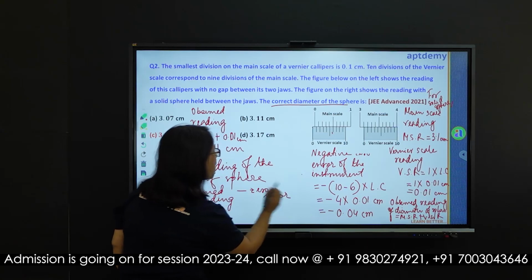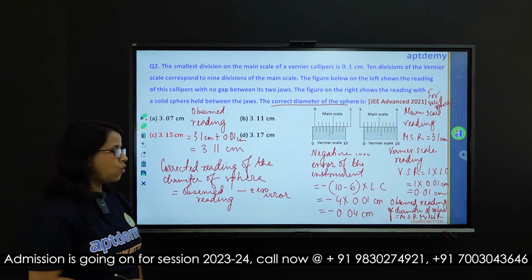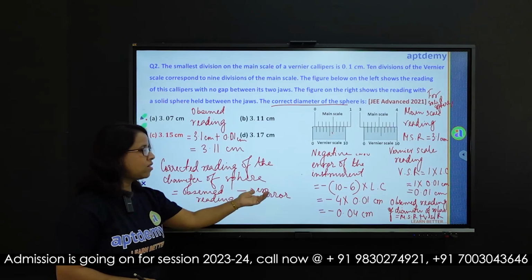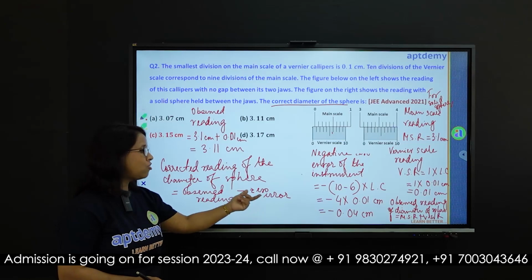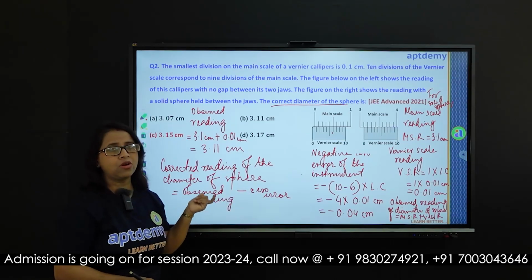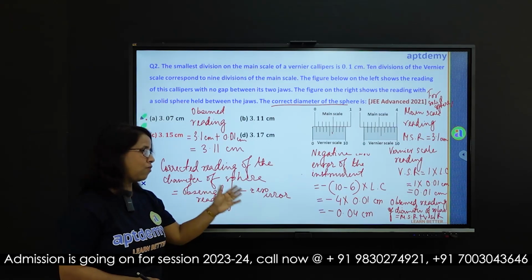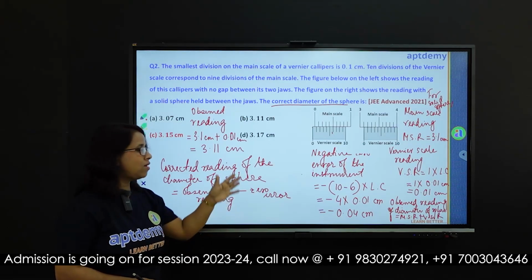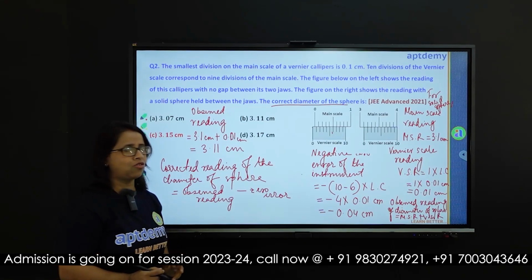So, we are to subtract the zero error from the observed reading. Now take note that whenever we have a positive error, it actually gets subtracted from the observed reading to give you the corrected reading, and whenever we have a negative error, then it actually gets added to the observed reading to give you the correct reading.